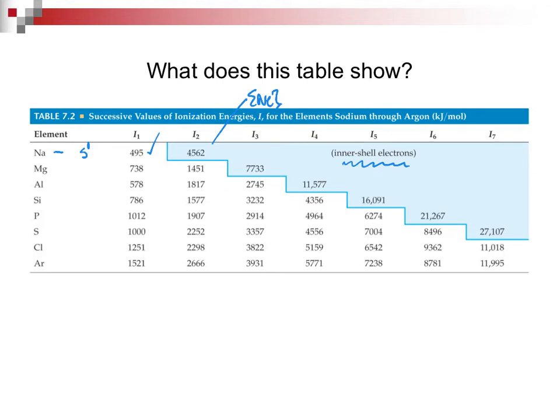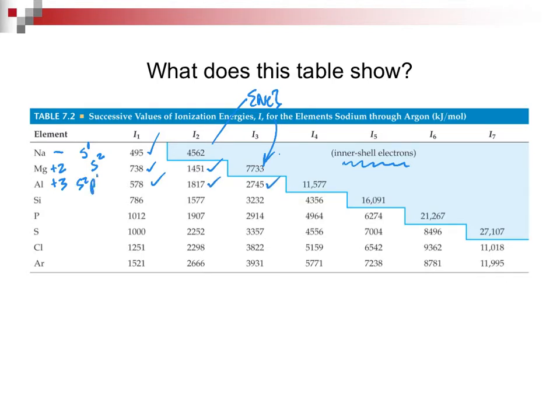If I go to magnesium, well, we know magnesium is a +2 ion. We know magnesium was formed by taking 2 electrons away from the magnesium atom to make magnesium 2+. Here I take 1, here I take another. But what happens with the third? I'm trying to take it out of a noble gas full shell configuration. If I look at aluminum as a +3, I go 1, 2, 3.